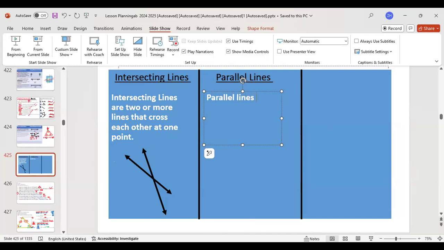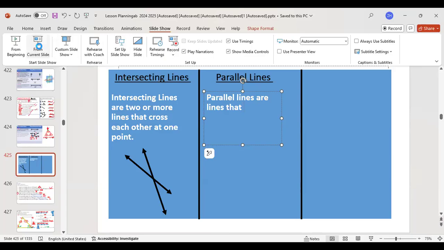So parallel lines are lines that what? Straight and don't cross each other?